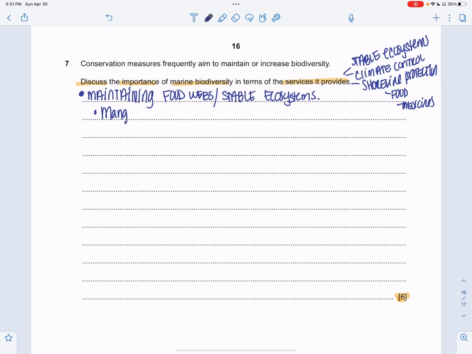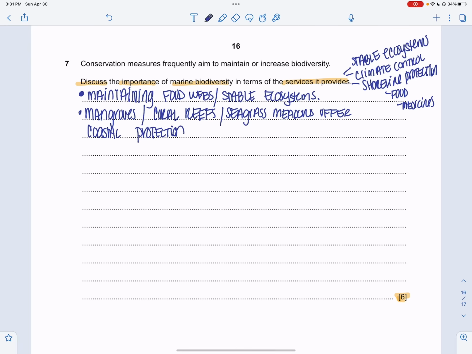Oh, sorry, not examples. I'm going to talk about coastal protection. The go-tos for that are mangroves, coral reefs. Could also talk about seagrass meadows, for coastal protection from flooding or erosion.